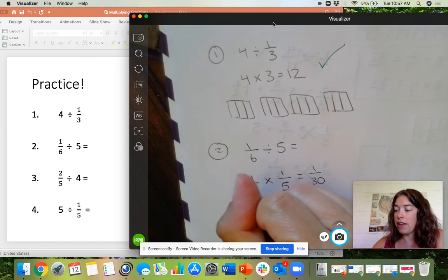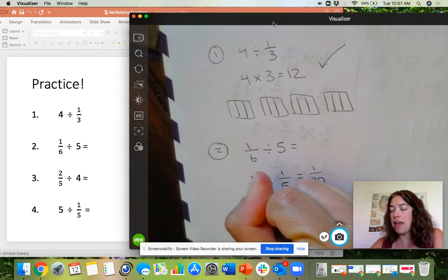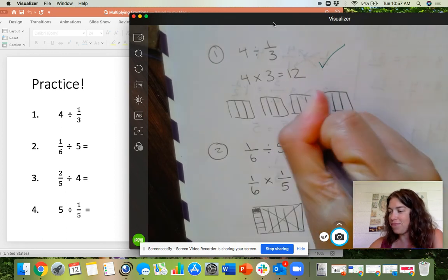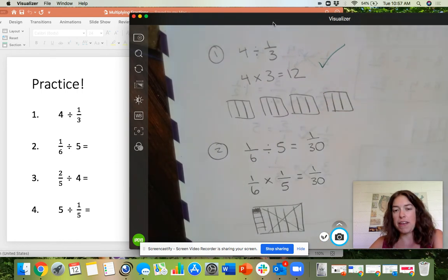And this amount right here is in fact 1/30. So it checks out. My answer is 1/30, which makes sense because splitting 1/6 of something with 5 people is the same as taking 1/5 of the 6th. 1/5 of 1/6 is just multiplication.